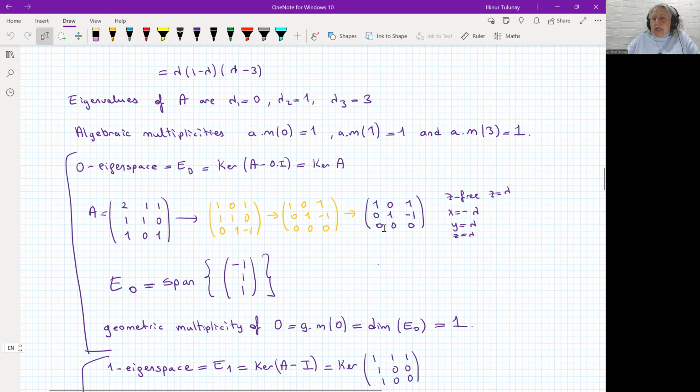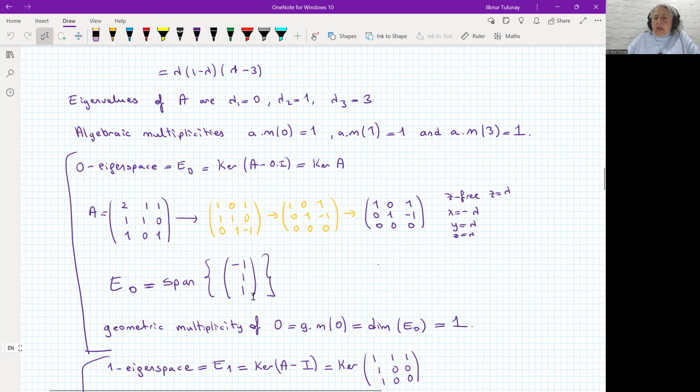The last row says that the z component, the third component, will be free, and the first and second give you x equal to minus z, y equal to plus z, and z equal to lambda.